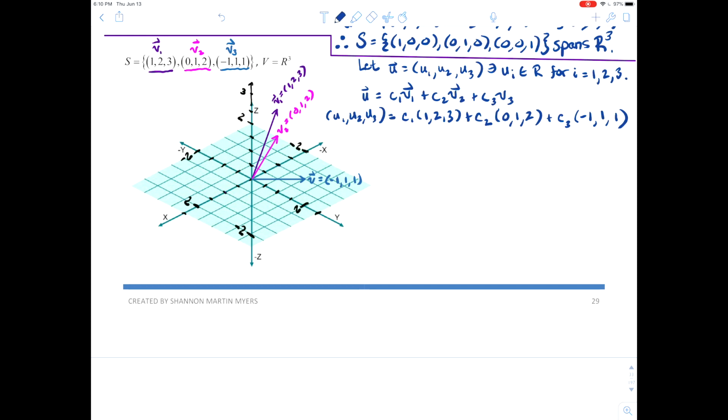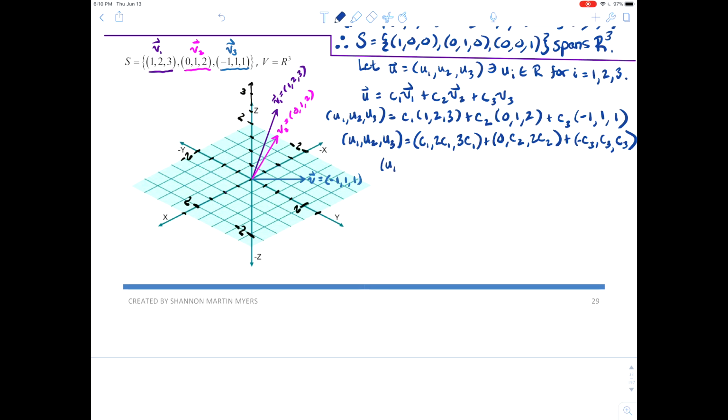Good so far? Writing our linear combination, all right, so we would have U1, U2, U3 equal to C1, 2C1, 3C1 plus 0C2, C2, 2C2 plus negative C3, C3, C3. Groovy? Awesome. And then what? Very good. Make them one happy vector.